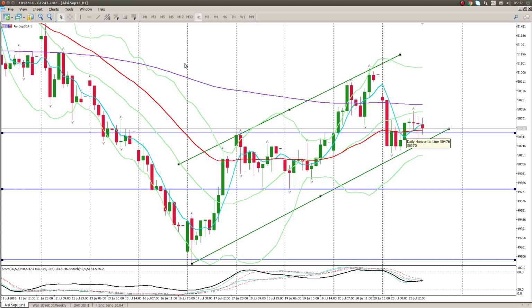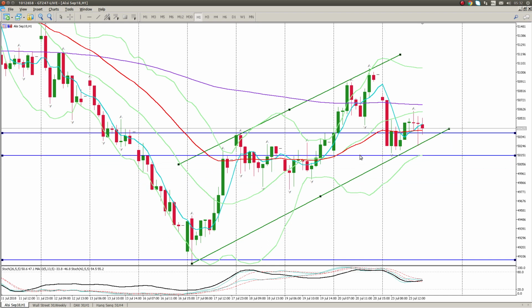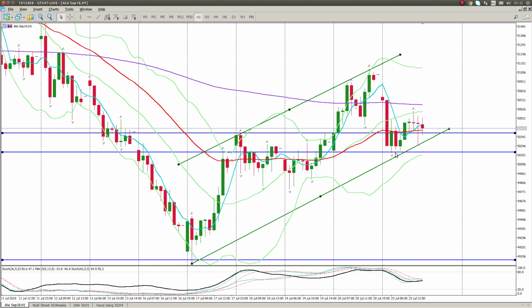Essentially what we were looking for is to stay above this level of 50,180. That is a level we need to stay above. If we can stay above that level, then we have upside, and the upside is to the top of this channel.